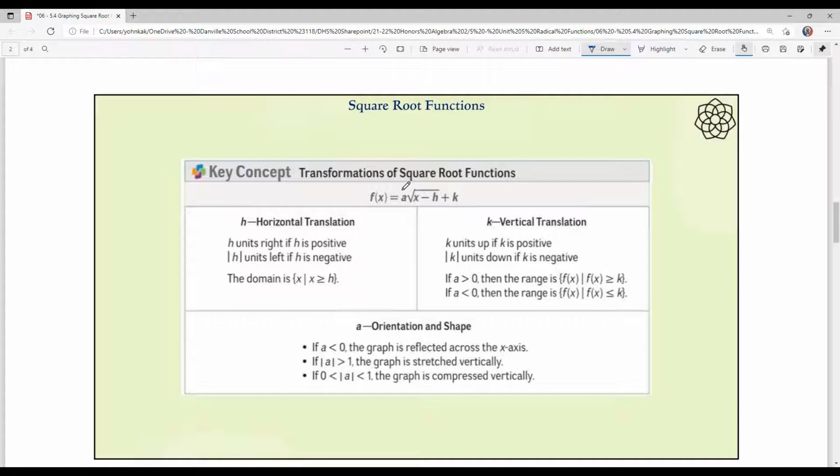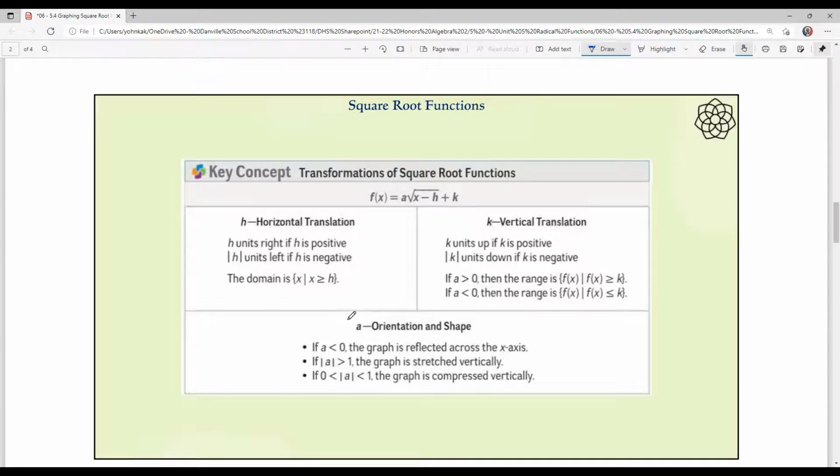If the a value is negative, then my range is going to be everything up until that k value. If my a value is positive, then my range is going to be everything after the k value. And we're going to see that in coming examples.